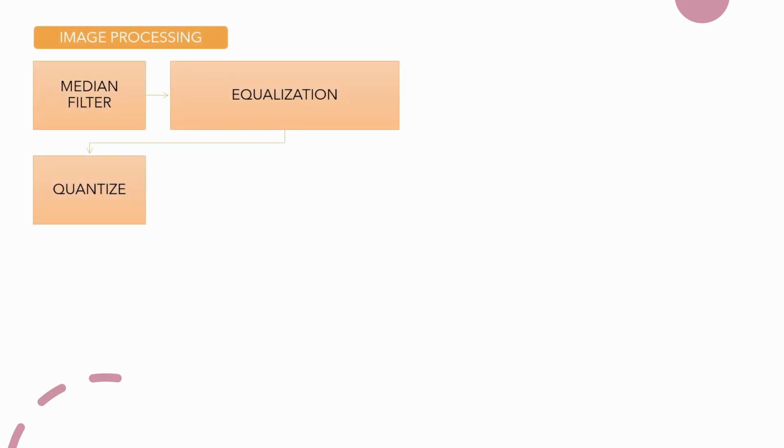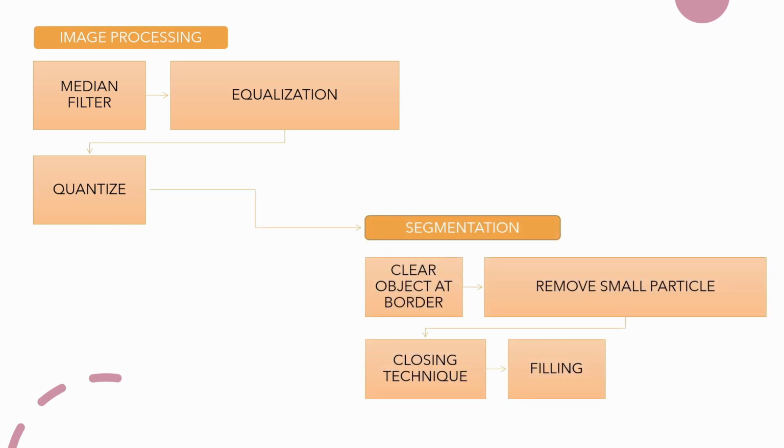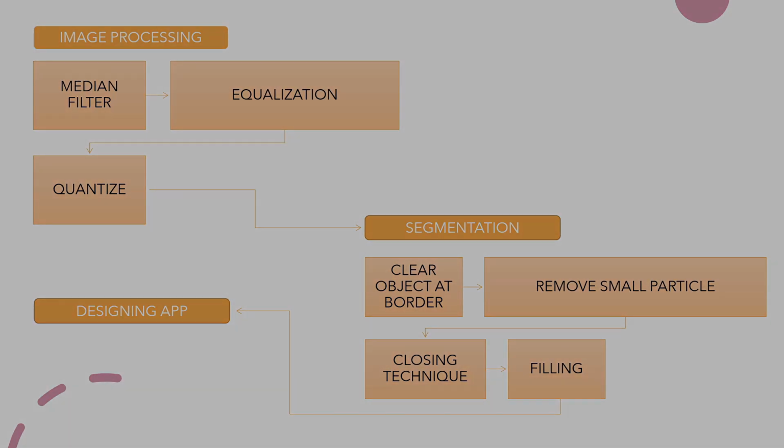So the image processing flow is the median filter, then equalization and quantization. Next, for the segmentation, we clear the objects at the border and remove the small particles. Then we use the closing technique and fill the holes, if any. And lastly, we input all the code into the app after we design the app.